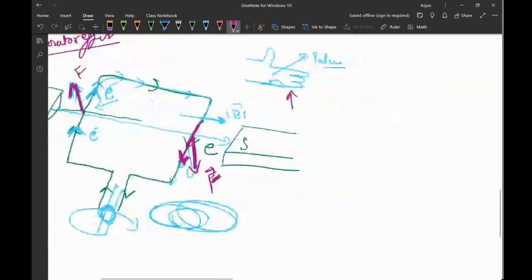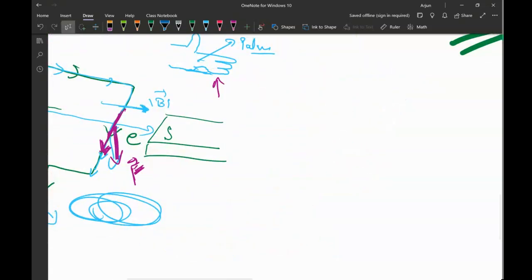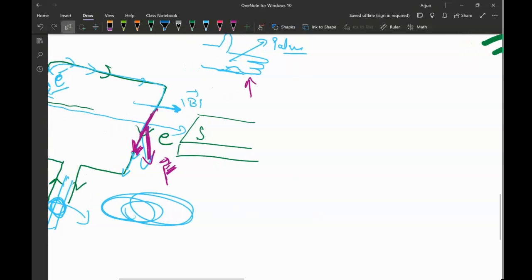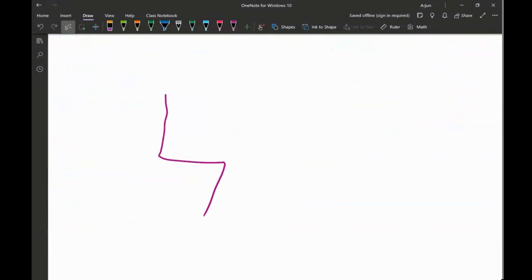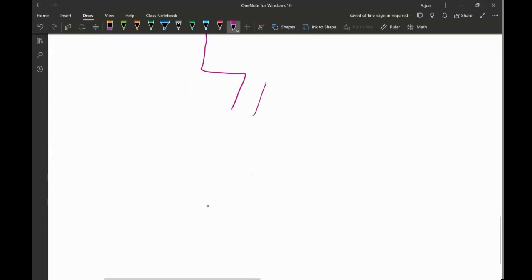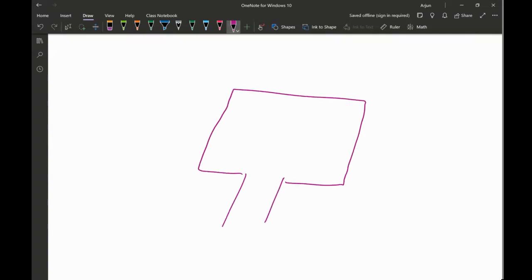Now you can apply this on the motor effect. What happens in case of motor? In case of motor, you provide the electricity, you provide the motion to the electrons, and you want to find out how this coil is going to rotate. So let me redraw it. This is a coil, and the electrons are flowing like this.